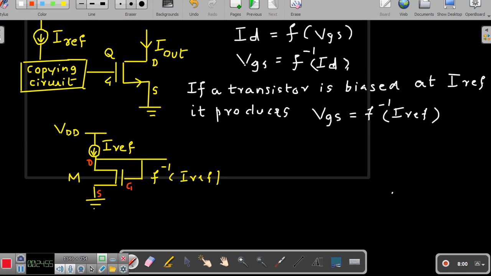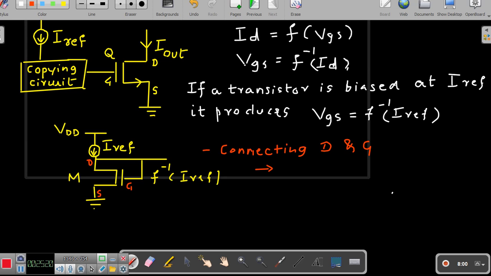Shorting the drain and gate, connecting drain and gate, will lead to one special operation.